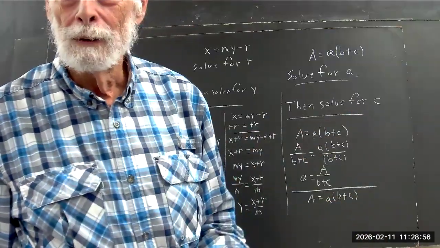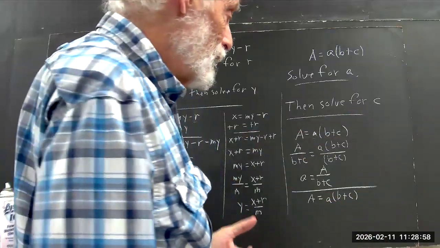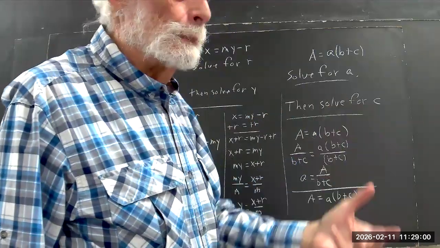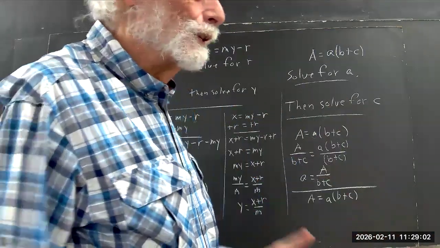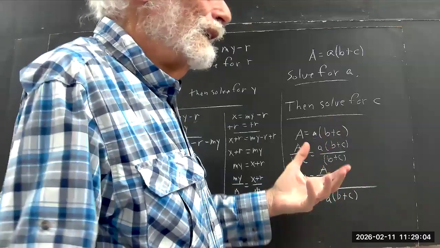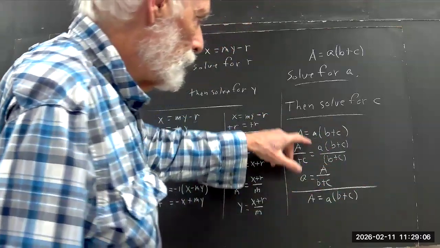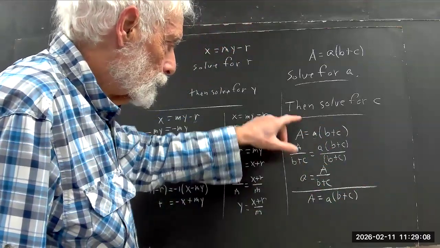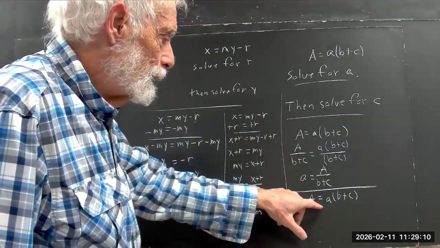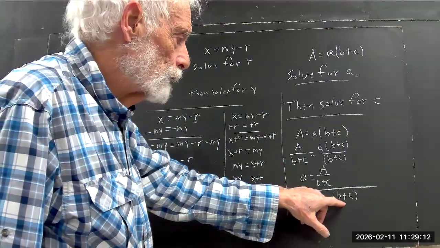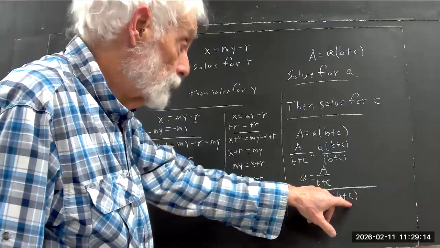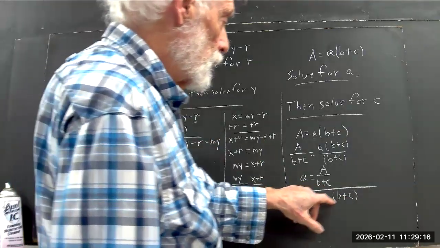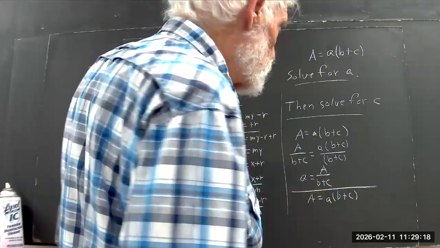That's not a bad instinct, but it's going to complicate the solution a lot because you're going to then have to factor the a out, and it's already factored out. In the case of solving this equation for c, we are going to have to use the distributive law.